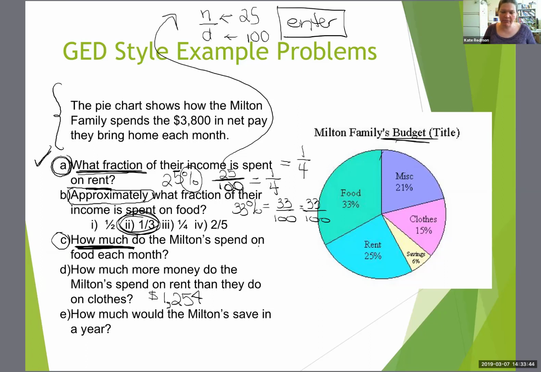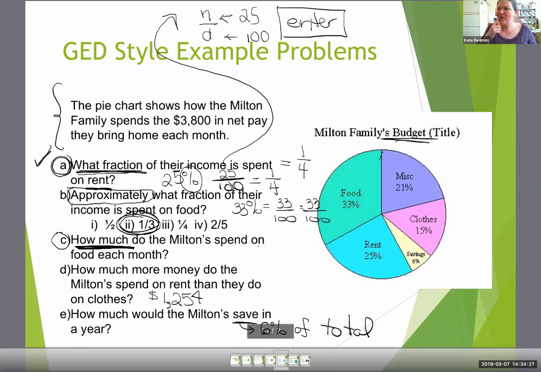So let's make sure we make a plan. Look at what I've been asked to find here. It says, how much would the Miltons save in a year? What do we know right now? Well, when we look at the savings, what do we know about savings? Do they save 6% of that total? They save 6% of their income, the total, absolutely.